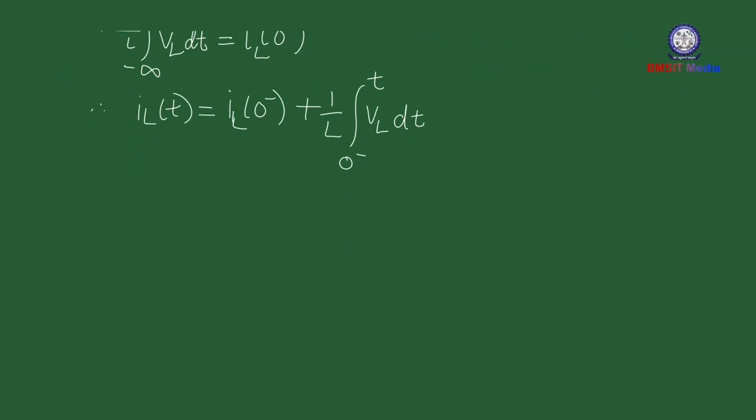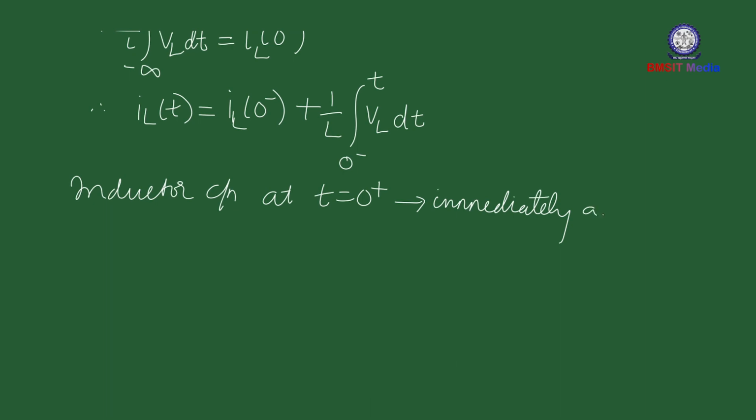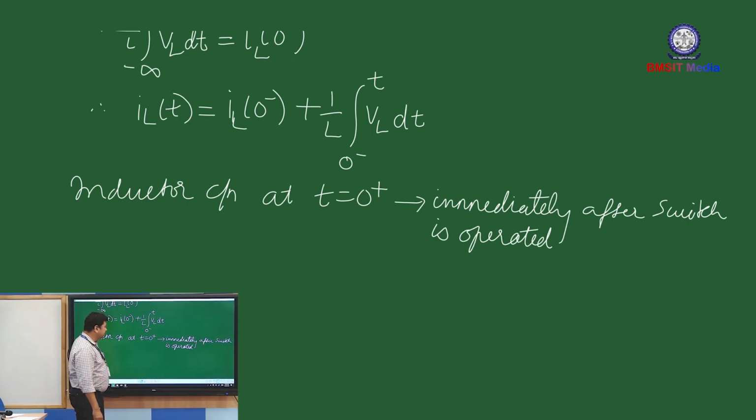The inductor current at t equal to 0 plus, what is it? It is the instant immediately after the switch is operated. Now substitute t equal to 0 plus in the above expression.